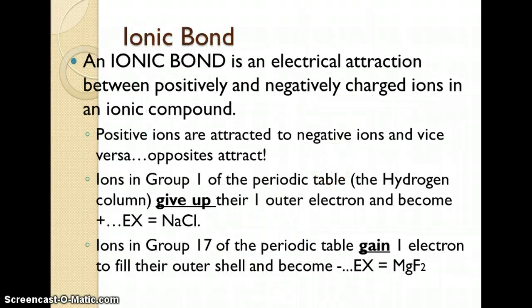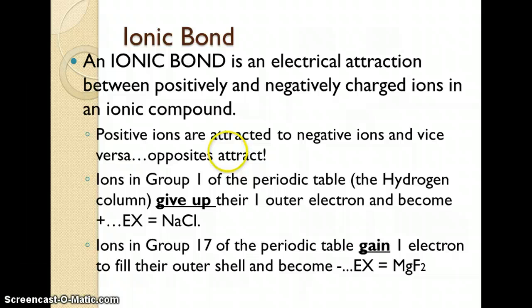The next thing we have is an ionic bond. An ionic bond is an electrical attraction between positive and negatively charged ions in an ionic compound. We learned about ions in the last chapter, and you know that you can get positive and negative ions depending on what happens with the electrons. Positive ions are attracted to negative ions and vice versa. Opposites attract.